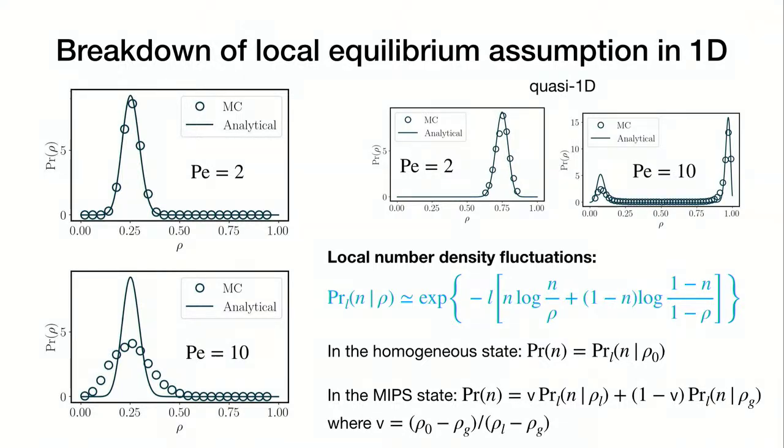But at high Peclet number, the density profile from the microscopic simulation and from the theory differ very much, as opposed to the quasi one dimension, which it explains extremely well. There is a little discrepancy because this is a finite size system, and you assume a clean MIPS, but there is a boundary that you have to take care of.